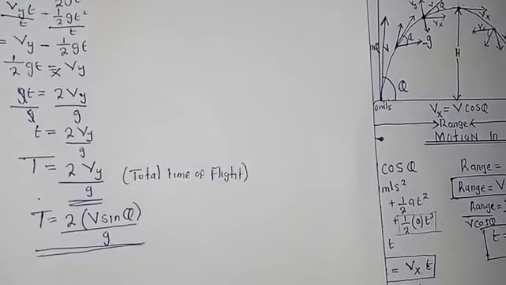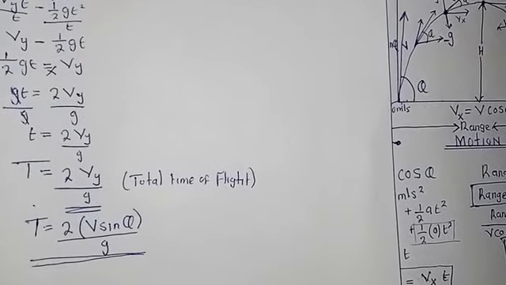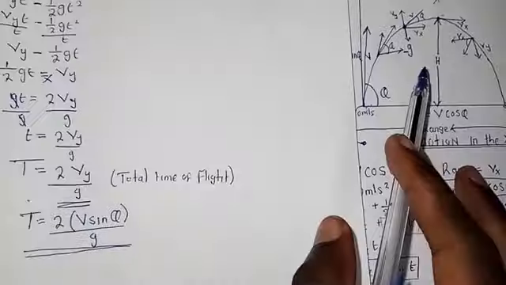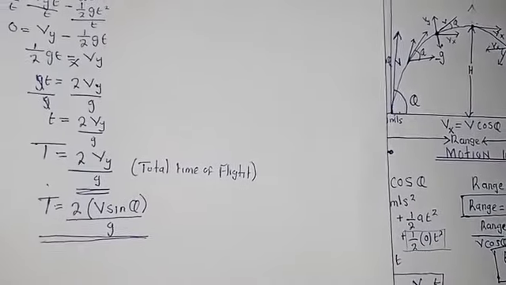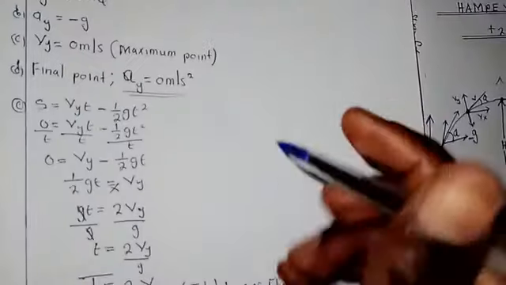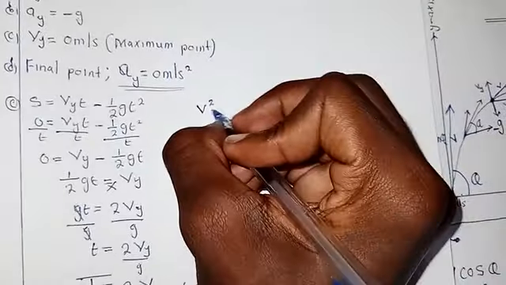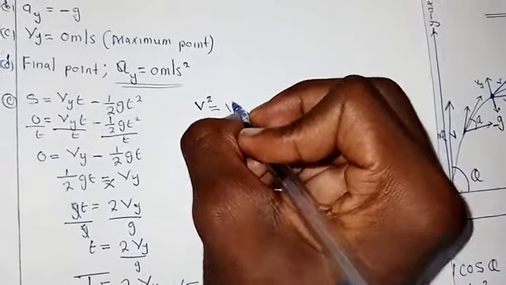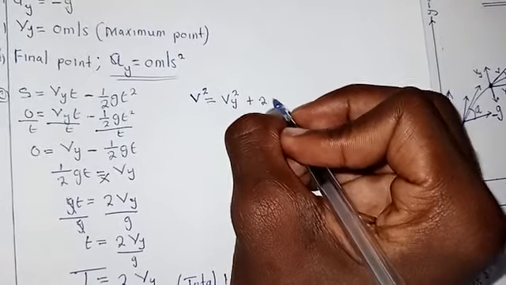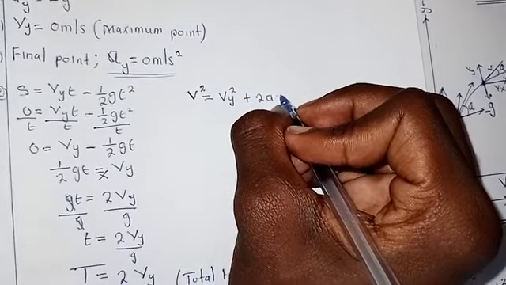How about if you want to find the maximum height? You want to find the maximum height, which happens to be this one. If you want to find the maximum height, this is also simple, because we know that v squared is equal to vy squared plus 2ax.